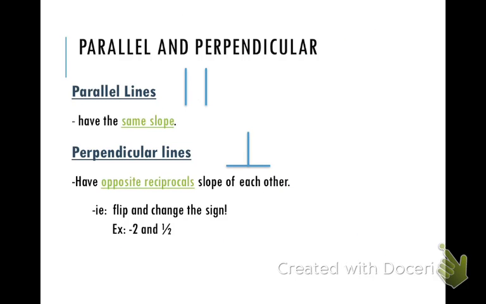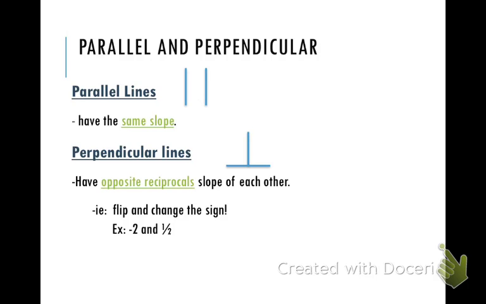Now, a little bit of review or something you should know from geometry and Algebra 1 are parallel and perpendicular lines. Parallel lines have the same slope. Perpendicular lines have opposite reciprocals. Like the example there, you flip the number and then you change the sign.